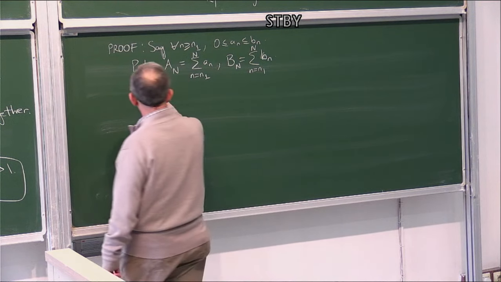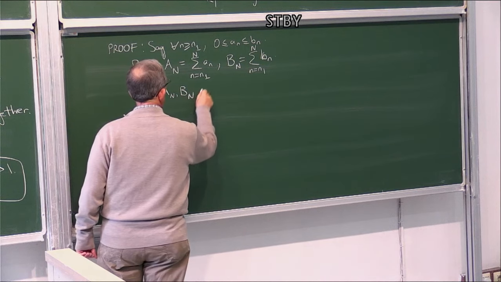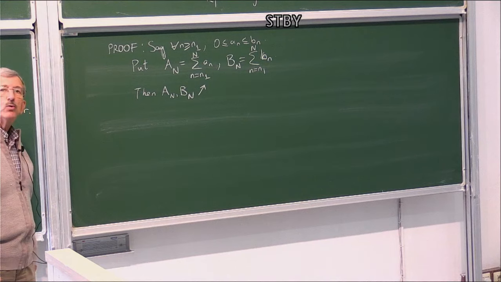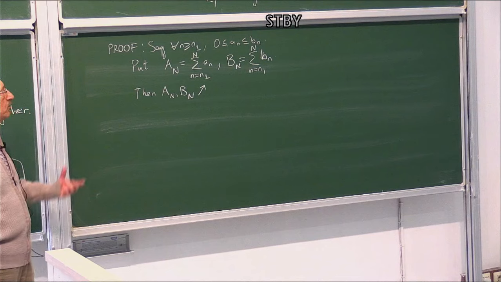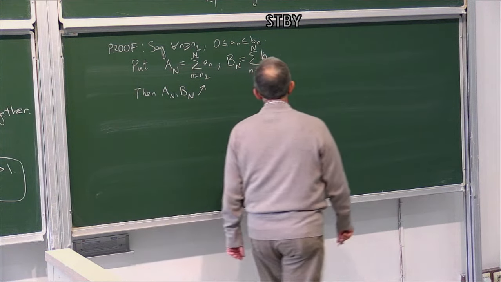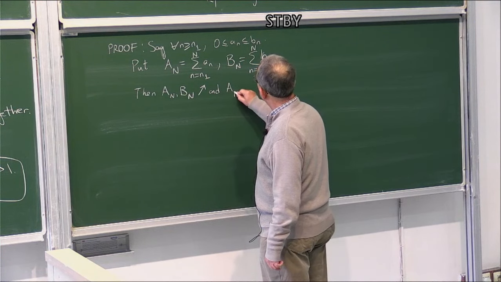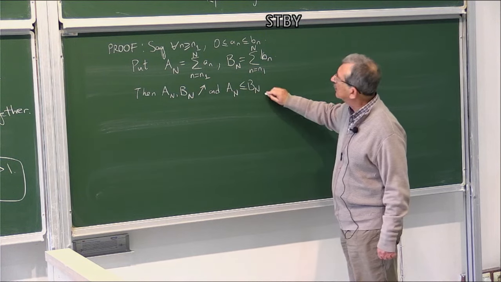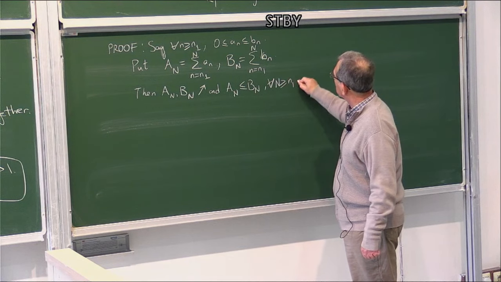Then, of course, A_N and B_N are increasing because both a_n and b_n will be positive. We'll be adding positive terms all the time, so the sums will increase. And moreover, A_N is always less than B_N, and this happens for all N after n1.